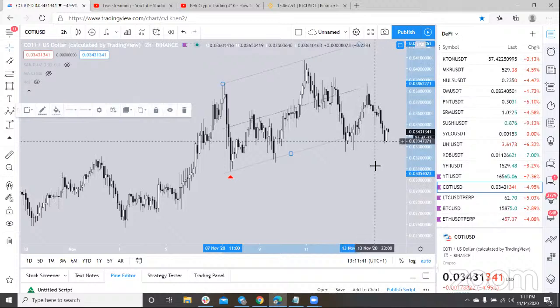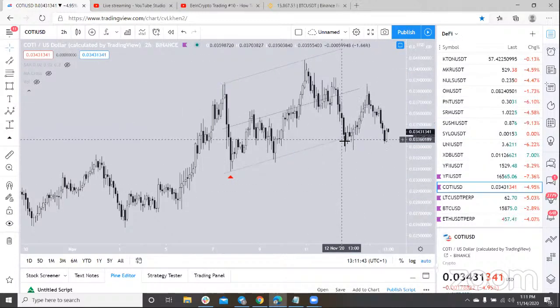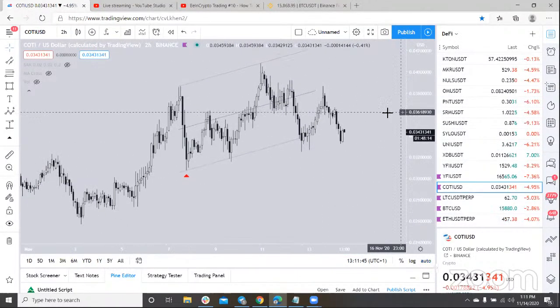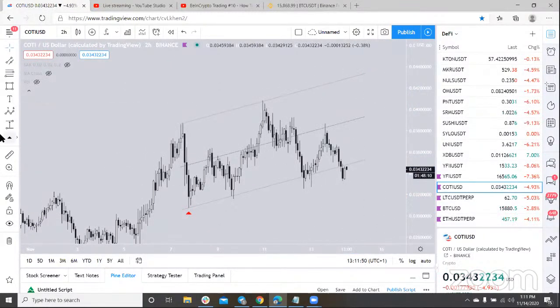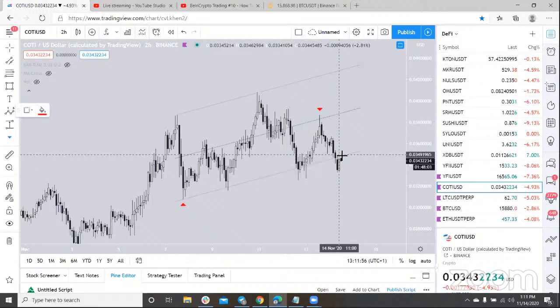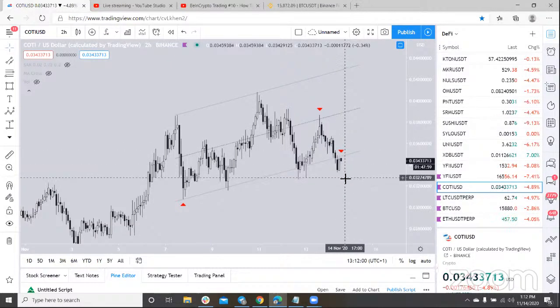Extend it, you would have taken profit here. Now, once the price moved back, as you can see, the middle of the channel acted as resistance, and now it seems that the top of the channel is acting as resistance once more.